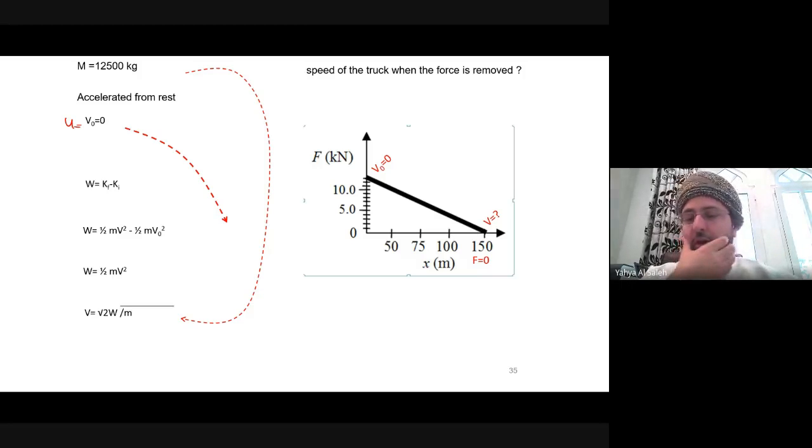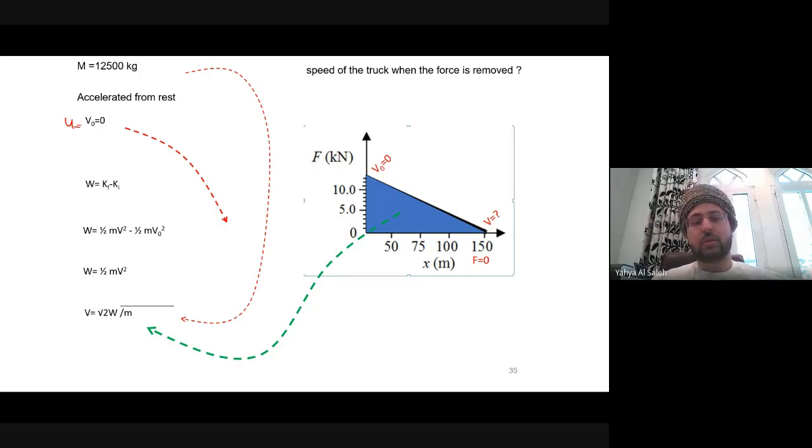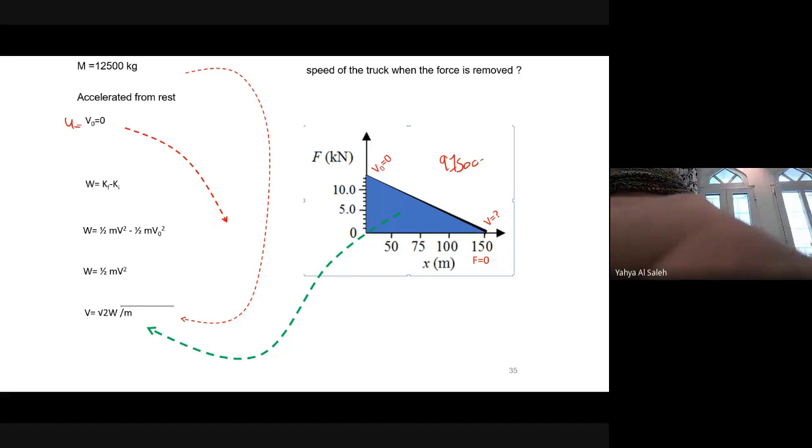So we do 13,000 times 150 divided by 2, and we get 975,000 joules.